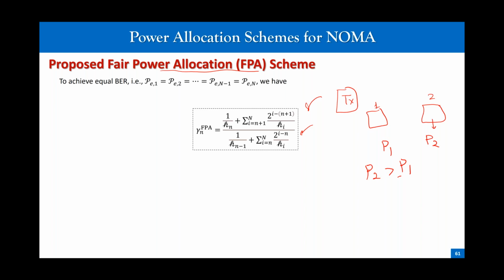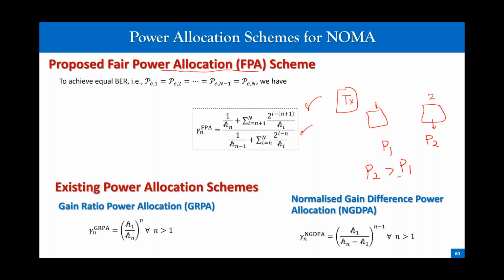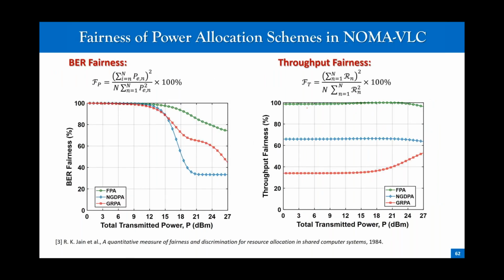It is slightly complicated, but it could be derived easily. So this is the power allocation factor that we have derived. We have compared it with the existing power allocation schemes like gain ratio power allocation and normalized gain difference power allocation method. We have seen that this power allocation scheme has a better BER and a better throughput fairness compared to the existing schemes.